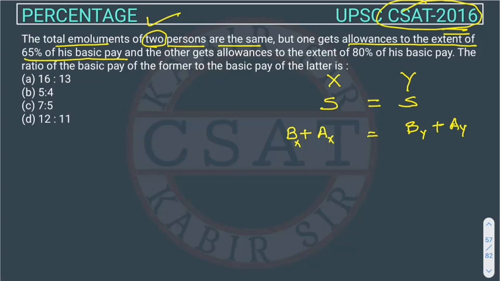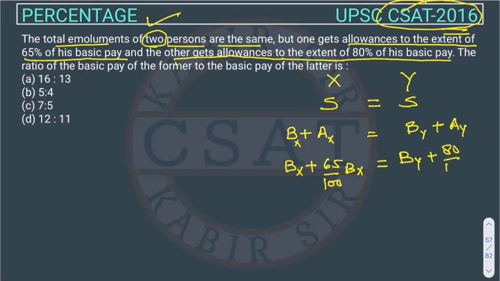So X is getting 65% of his basic pay as allowances, right? And what is the other person getting? Allowances to the extent of 80% of his basic pay. So this is given.